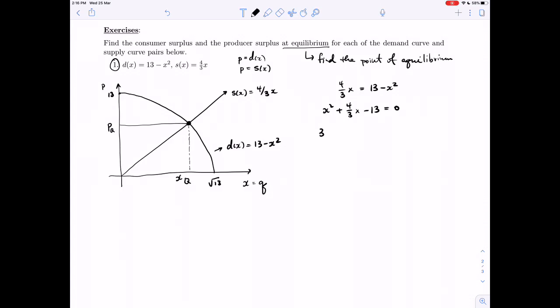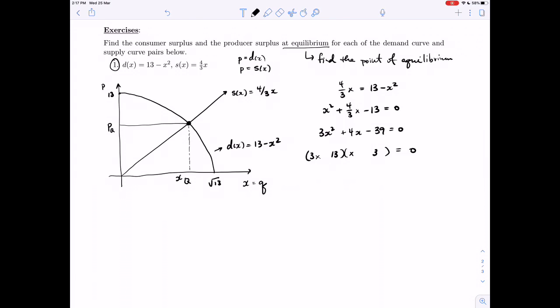If I multiply through to clear out the denominators, I'm going to get 3x squared plus 4x minus 39 is equal to 0. And we can try factoring this. We're going to need 3x and an x. The factors of 39 are 13 and 3. So let's try the 13 there and the 3 over there.